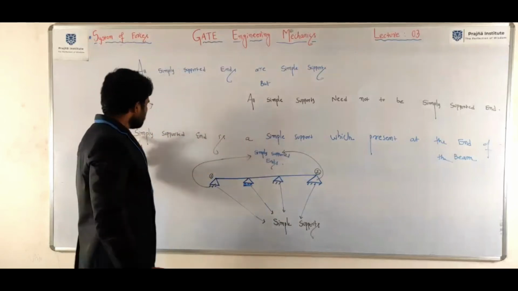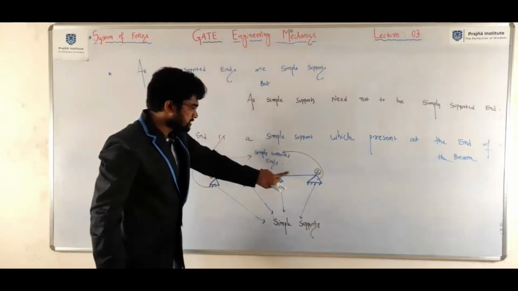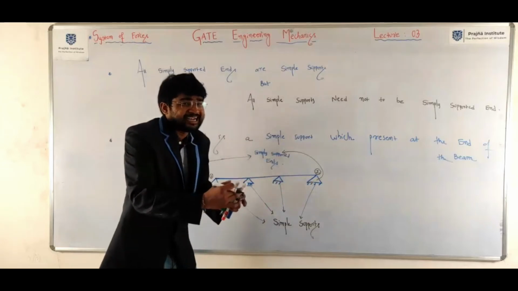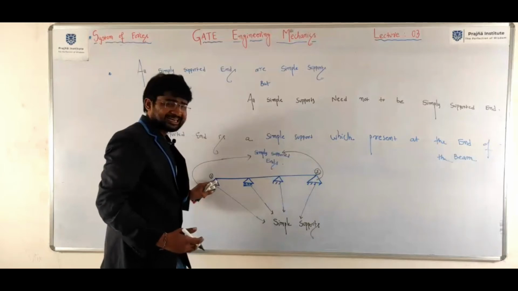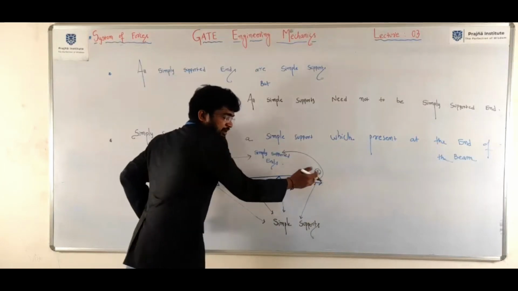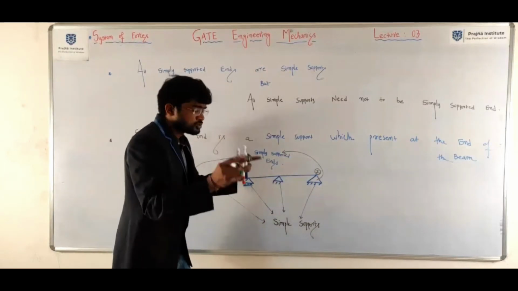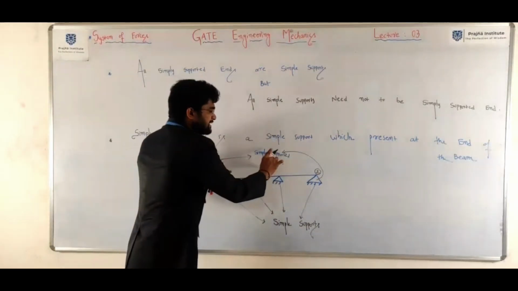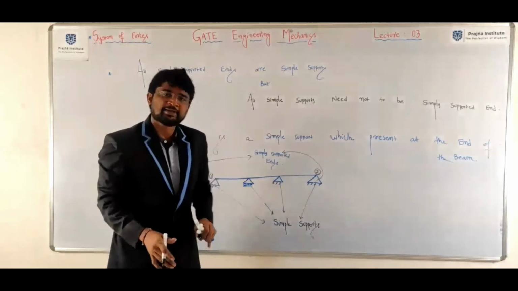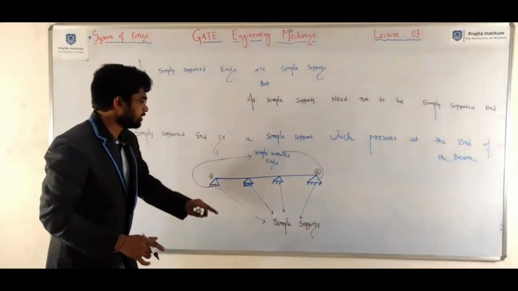Means simply supported end is a simple support which is present at the end of the beam. It is present at left end of the beam, right end of the beam. Okay. For those simple supports, we are having a different name. That is simply supported ends. Okay. Now see the statement.